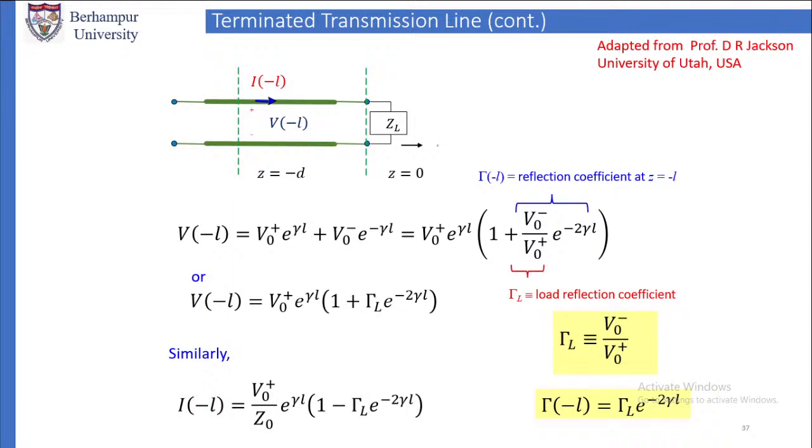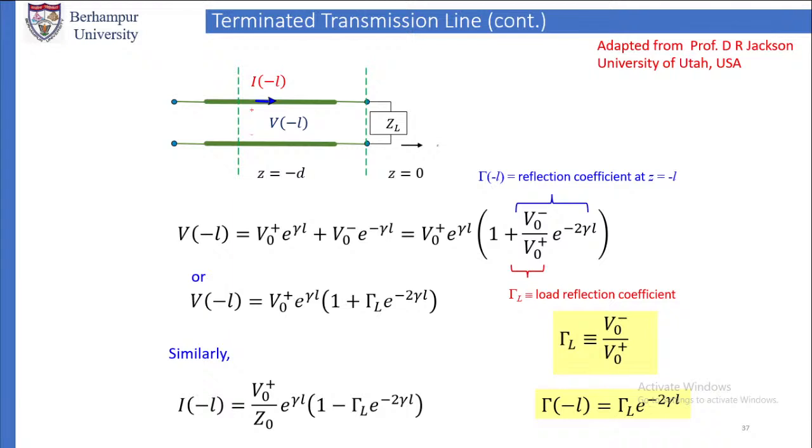How are we going to define that? Let us see. V minus L is equal to V0 plus exponential gamma L plus V0 minus exponential minus gamma L. Now let us take V0 plus exponential gamma L common. If I take that common, then the first term inside the bracket becomes 1.